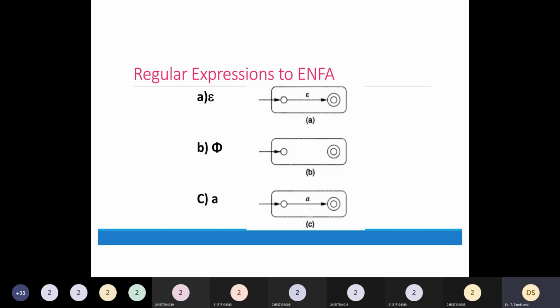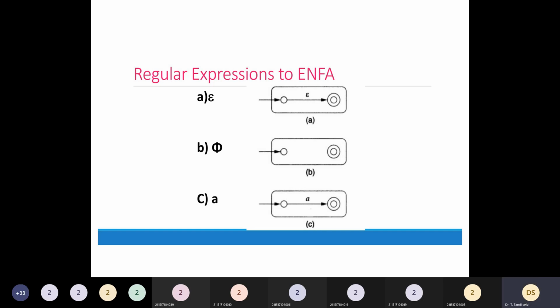And then the third one is the regular expression r equal to small a. Small a is nothing but the input symbol. So this is the valid input symbol. We can change the state from one to another with the input symbol small a. In edges, we have to write the particular input symbol. While reading this particular input symbol from the current state, you can change the state.